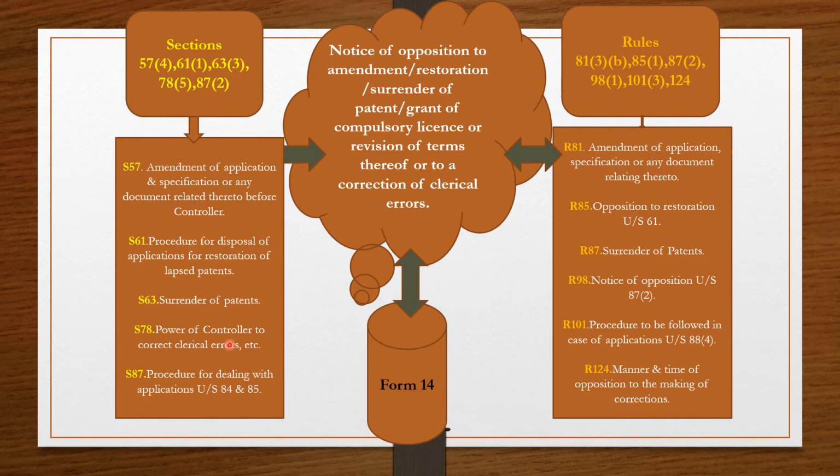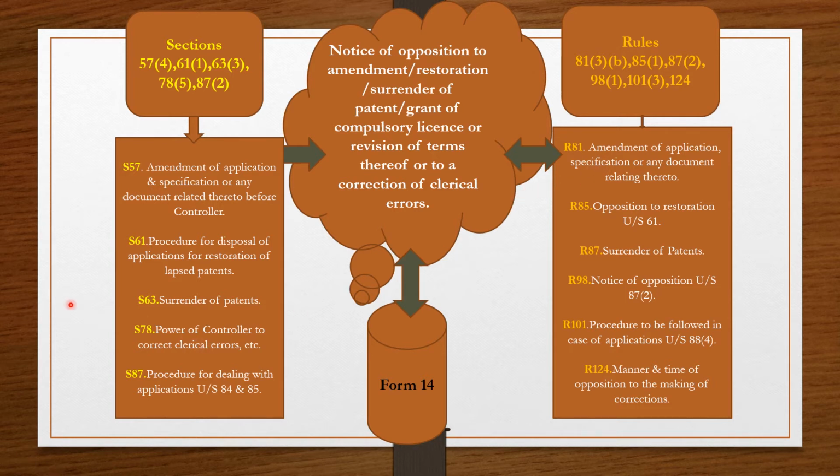So you can see as a whole here there are a number of keywords. One keyword is amendment, one is restoration, one is surrender, grant of compulsory license, revision of terms, correction of clerical errors. You can relate these terms here. Section 57 amendment of application, rule 81 amendment of application.